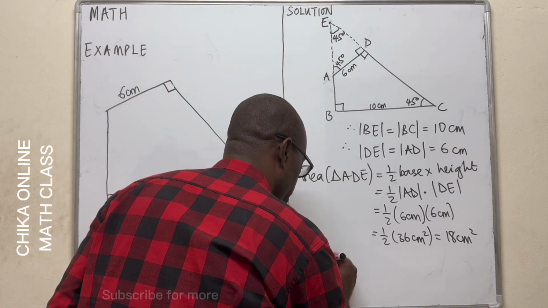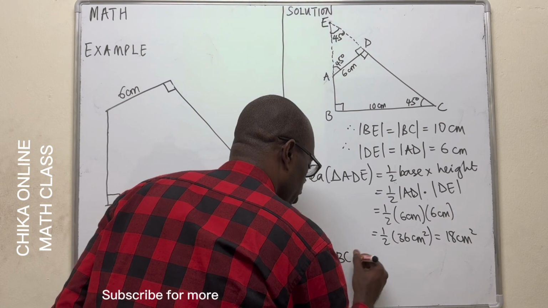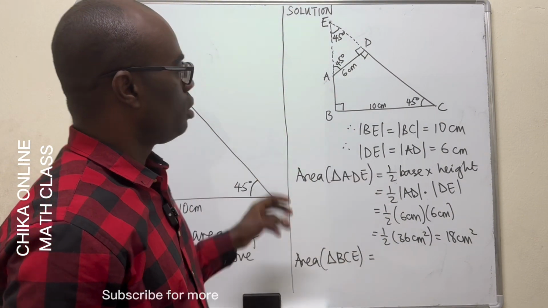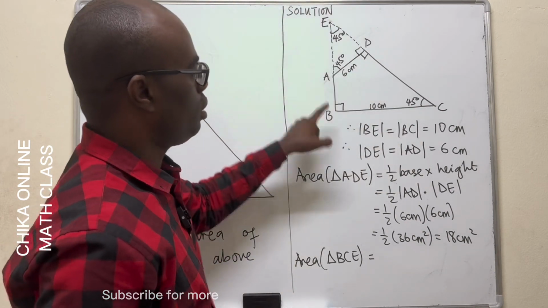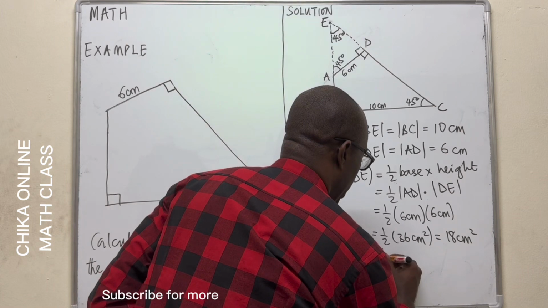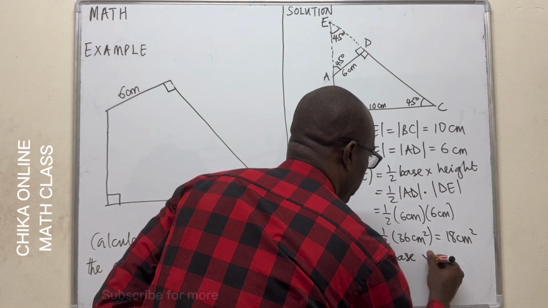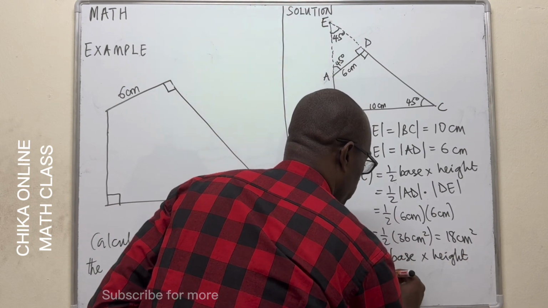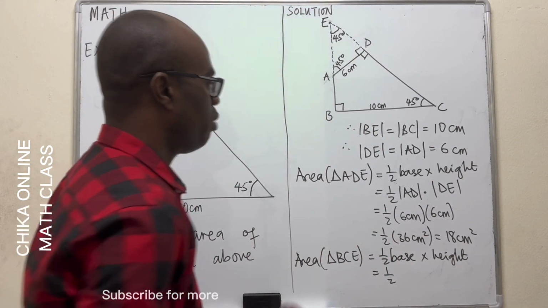Area of triangle BCE, we follow the same method as in this one. The area of triangle BCE is half base times height, which is what? Okay, we write half base times height, which is what? Half, what is our base?